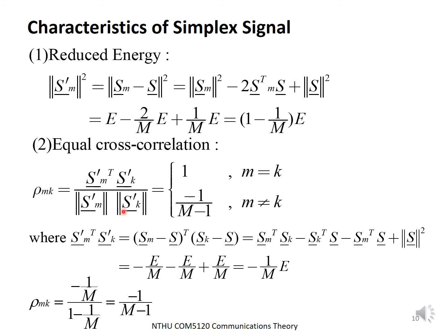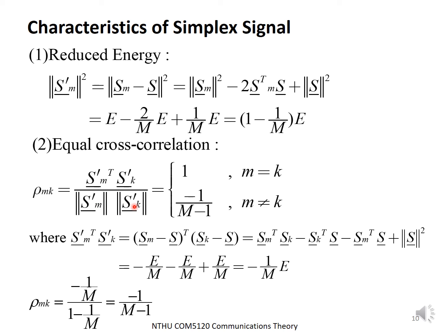And the denominator is the amplitude of each simplex signal. As we have seen from the reduced energy, the amplitude of each simplex signal is the square root of 1 minus 1 over M times E. So their amplitudes are the same, and the lengths of the vectors are the same.